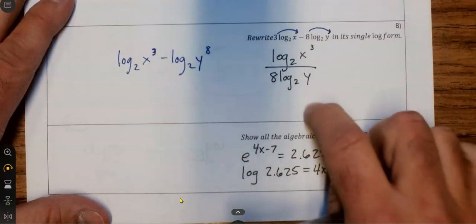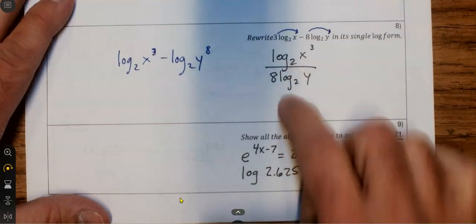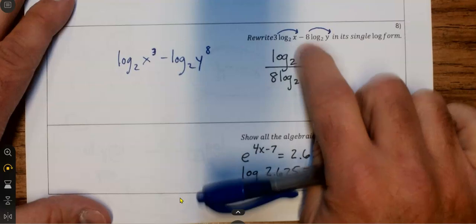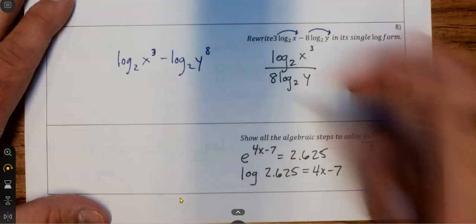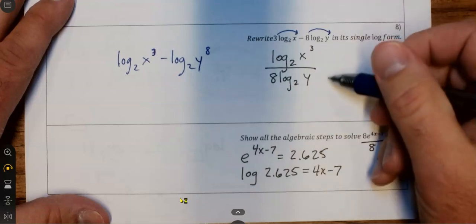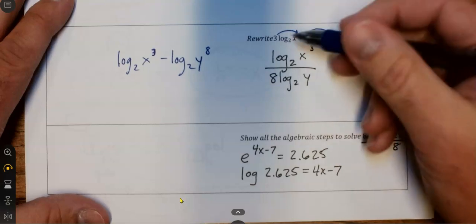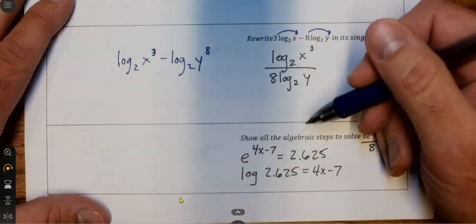Now, in this person's mind, they thought division was supposed to happen because they saw subtraction. And yes, you and I know that that is true, but they butchered it. They made up their own property. This does not look like a single log. There's like a log on top and a log on the bottom.